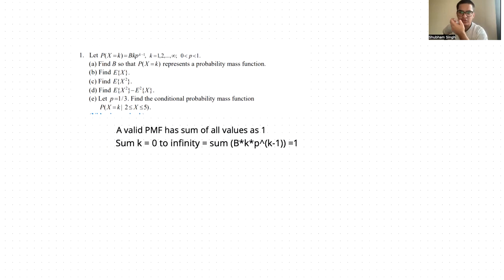So b should be the reciprocal of whatever the remaining value is for it to be equal to 1. A few simpler examples would make it clear to you.